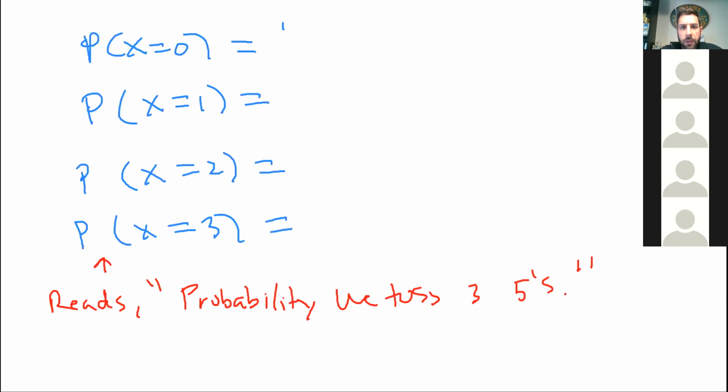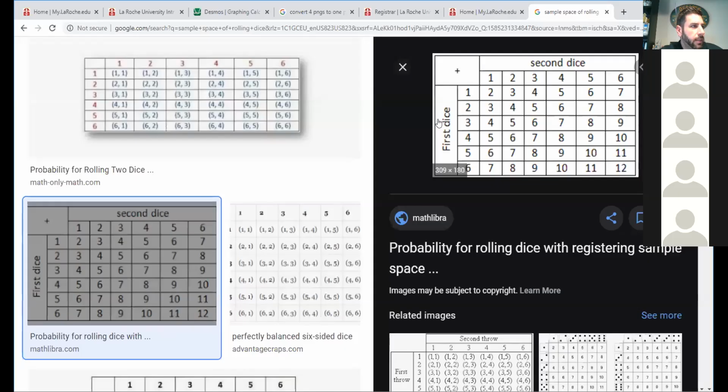So give me a second. I'm going to share a picture with you. Hopefully it makes sense here. Do you guys see a picture with some web pages on it? Yes, no? Yeah, I do. Yeah, okay. So if you look at this thing on the right, this is a sample space of rolling a dice or a pair of dice.